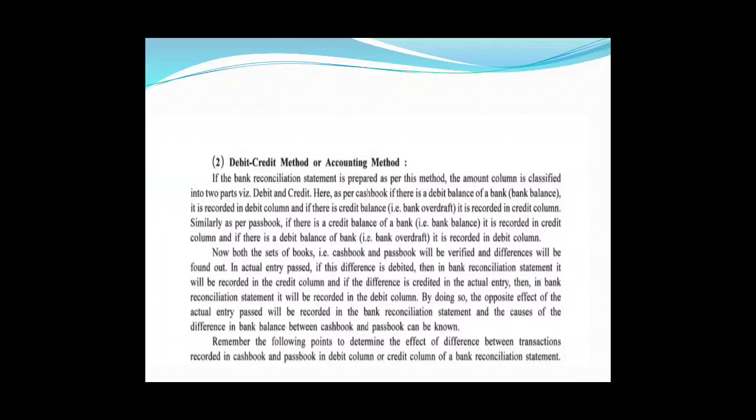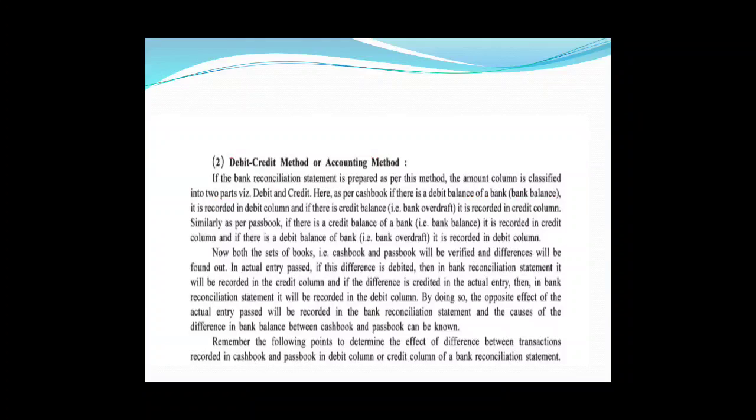Now, if that difference is found at the debit side of either of the books, then it will be recorded at the credit side of bank reconciliation statement. And if that difference is found at the credit side of either of the books, then that difference will be recorded at the debit side of our statement.